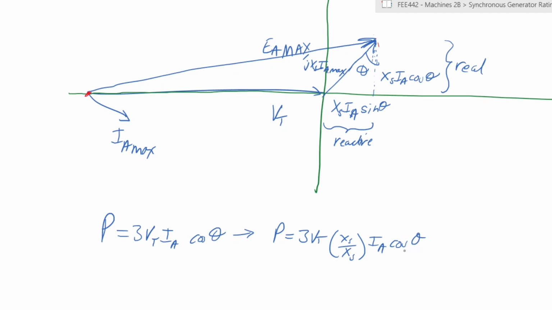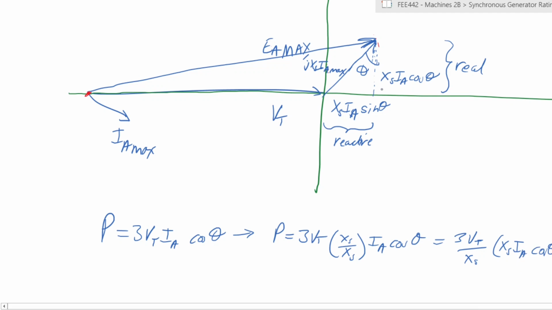If you further modify it, it will be 3 VT over XS times XS IA cos theta, which is what we have here. We have already seen in this diagram that we have XS IA cos theta indicated.